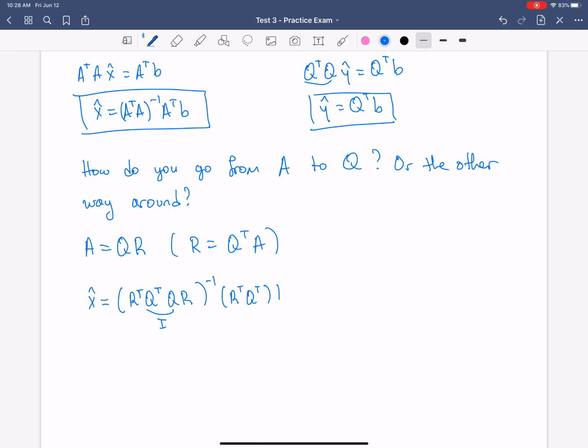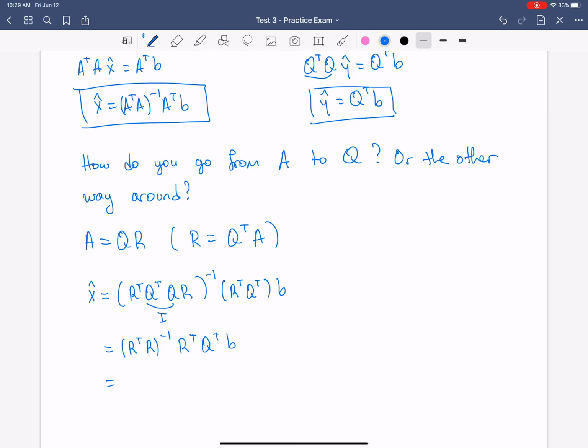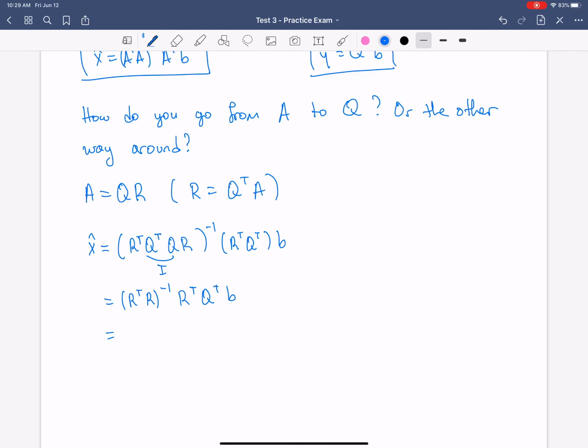And then we have B. So let's simplify this a little bit. We have (R transpose R) inverse, R transpose Q transpose B. Now, I know that R is an invertible matrix. This is an upper triangular matrix, which is invertible.